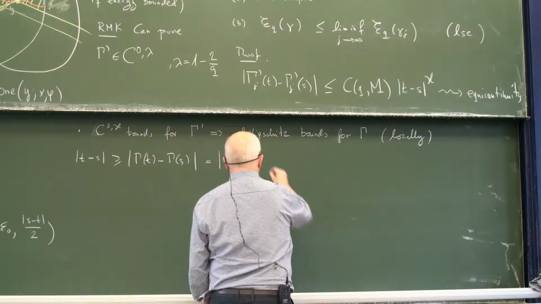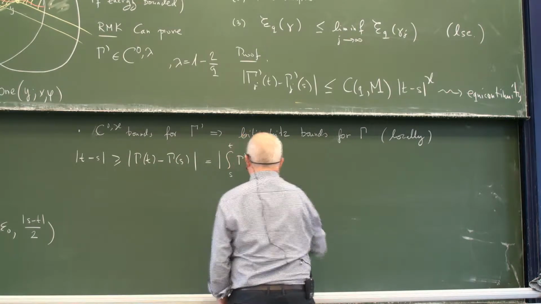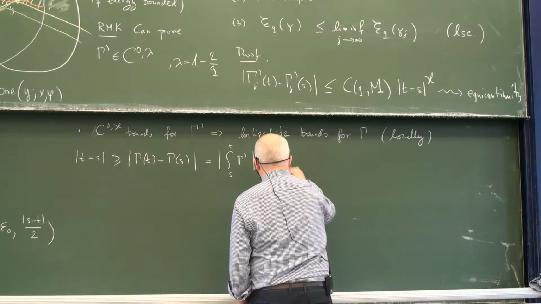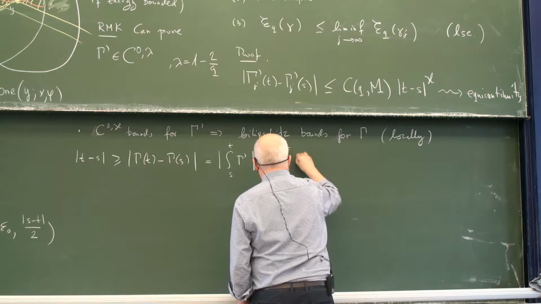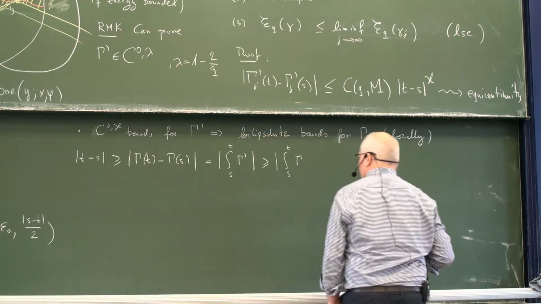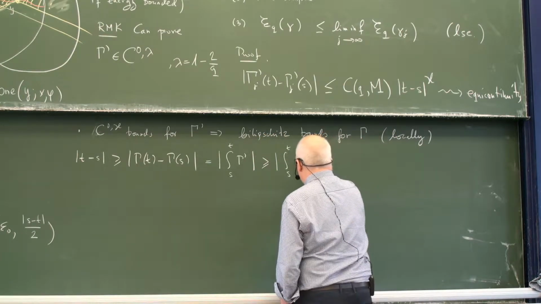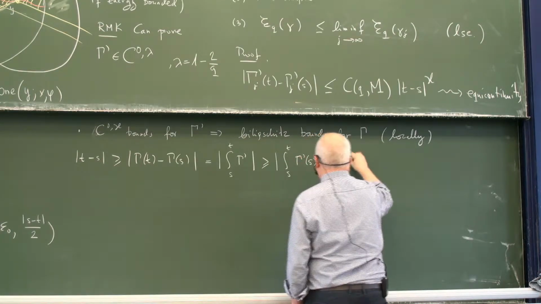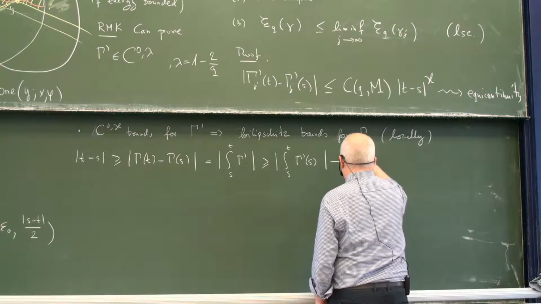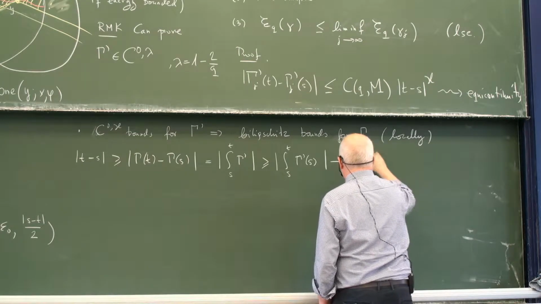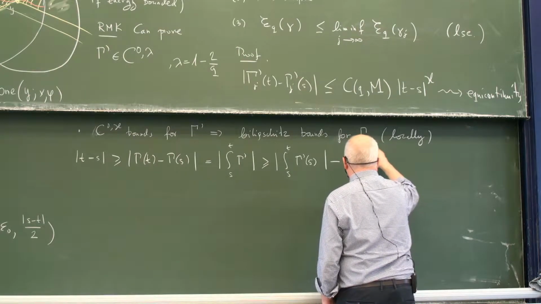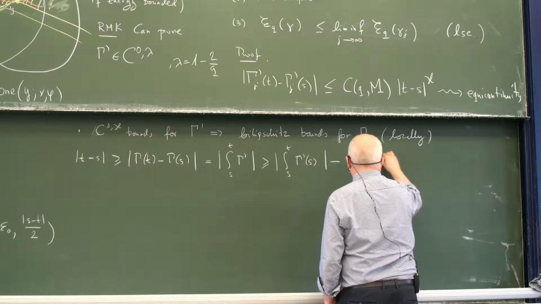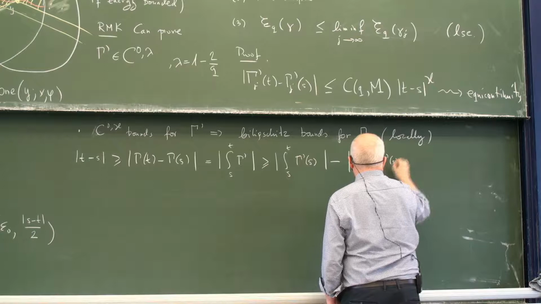And by the triangle inequality, this is bigger or equal to the integral of gamma prime, but at some fixed point, say s for example, minus the integral from s to t of |gamma prime minus gamma prime(s)|.